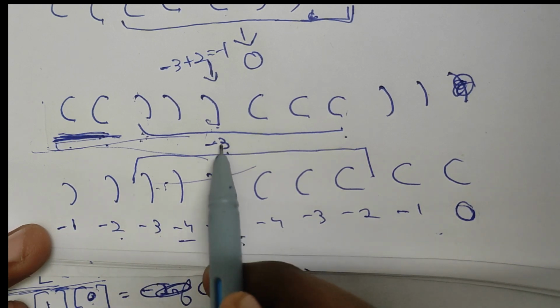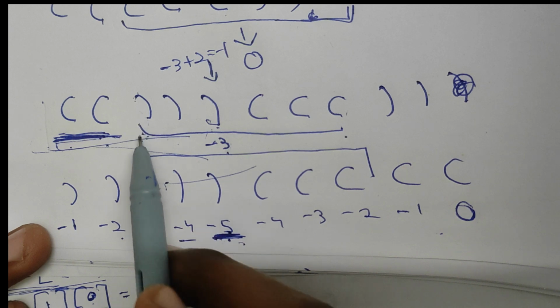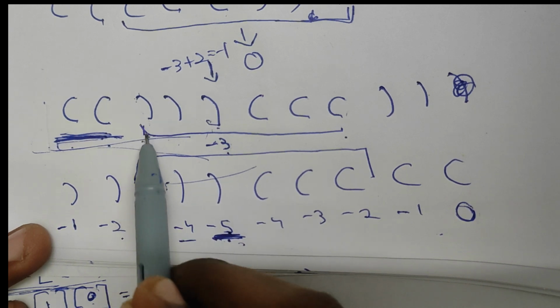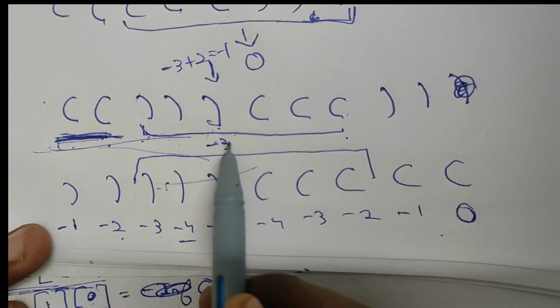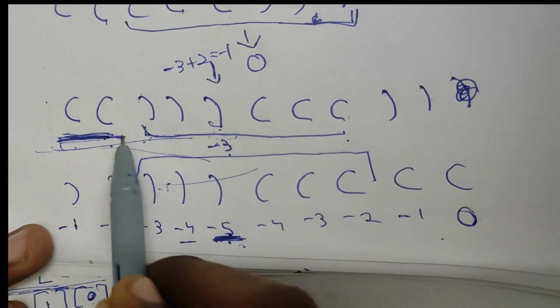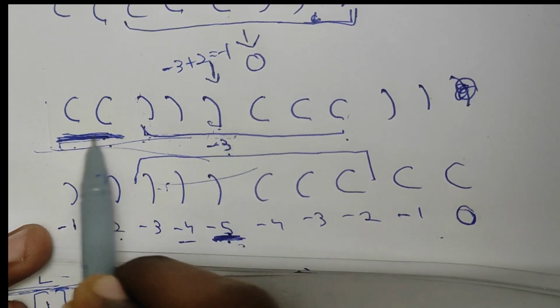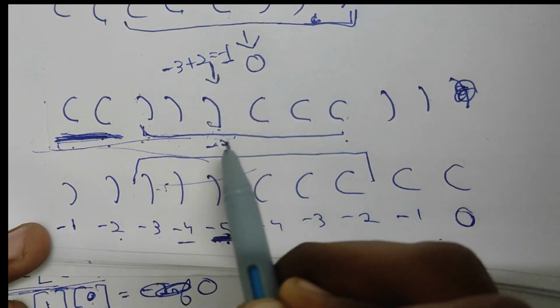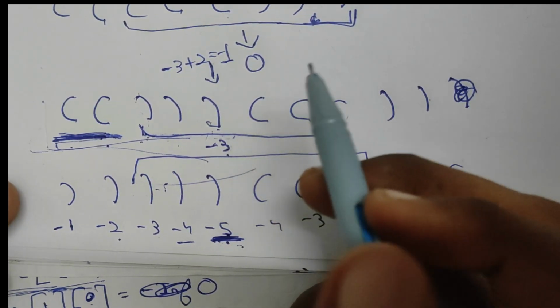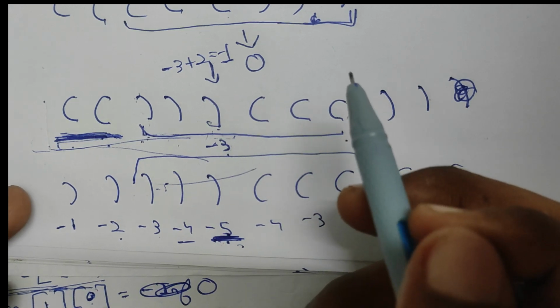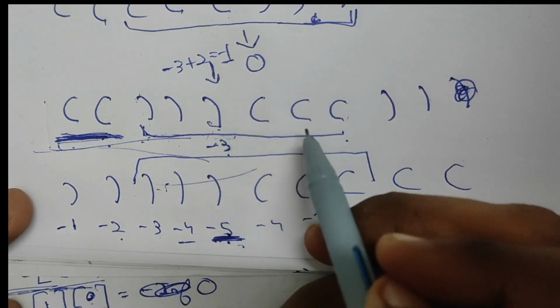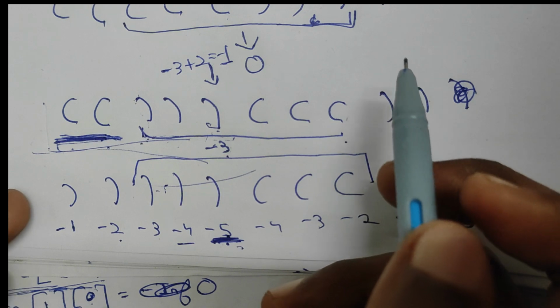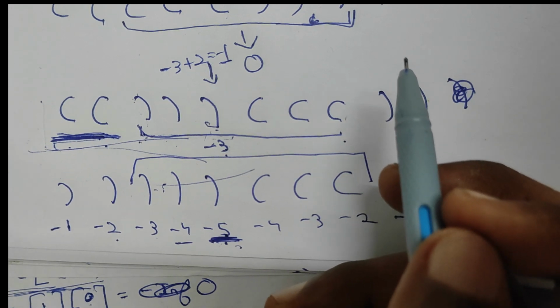So that will be the value when we compute the value of the reverse substring from the starting of the reverse substring, minus 3. And then we add the total value before that to the minus 3, then we will get minus 1. Since minus 1 is lesser than 0, this substring is not valid. So that's how we eliminate the invalid substrings.